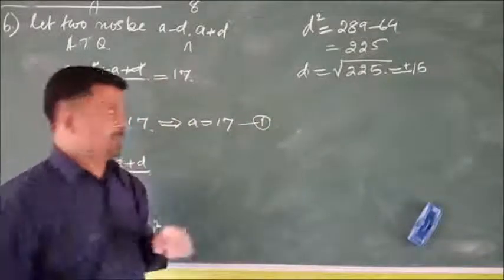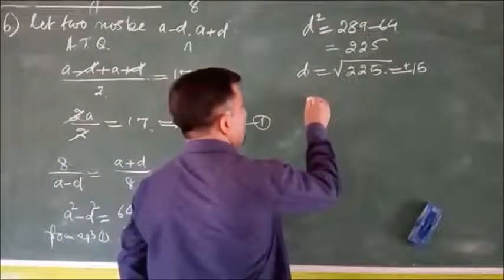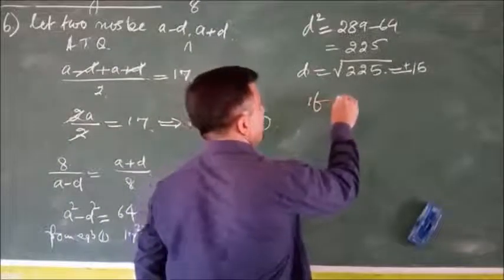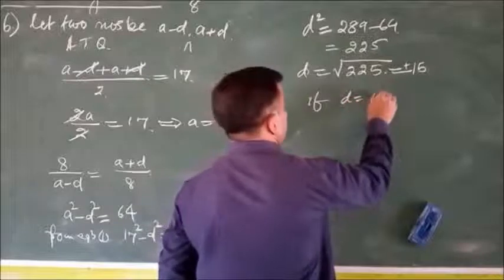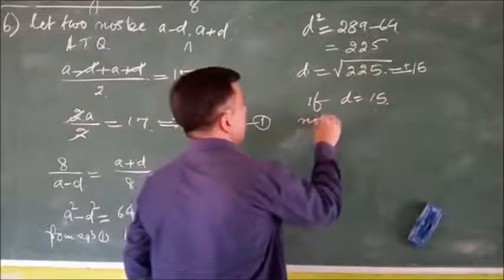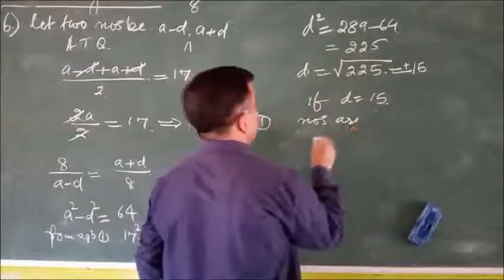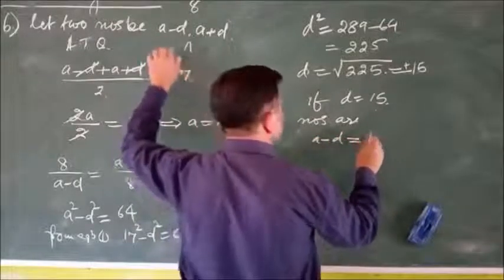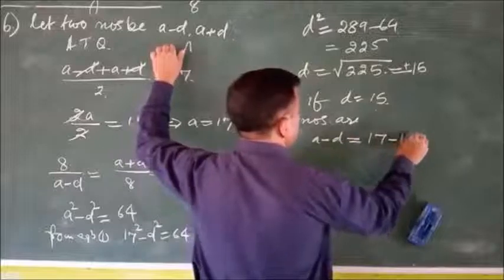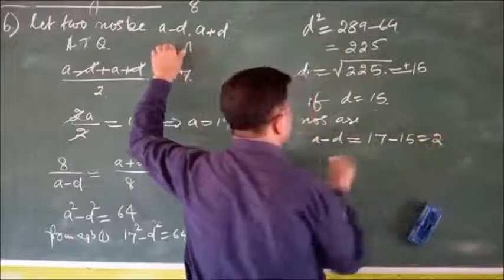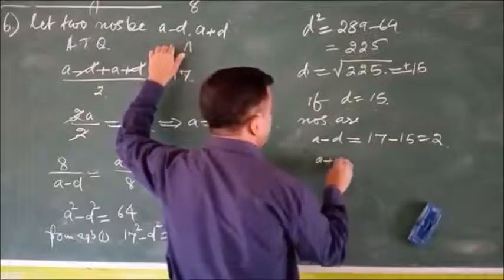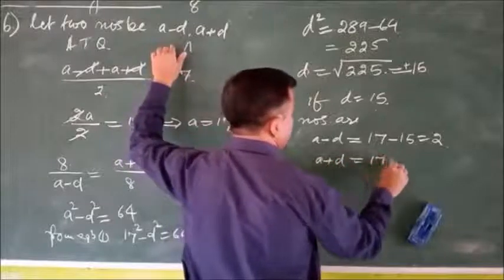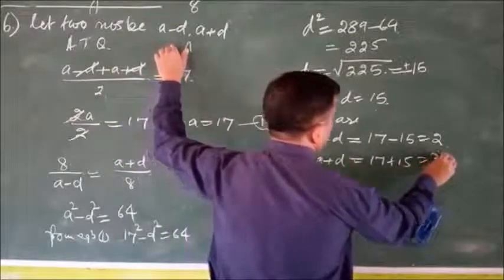So we are now going to write down the numbers. If D is equal to 15, the first number is A minus D, which is 17 minus 15 is equal to 2, and the other number is A plus D, which is 17 plus 15 is equal to 32.